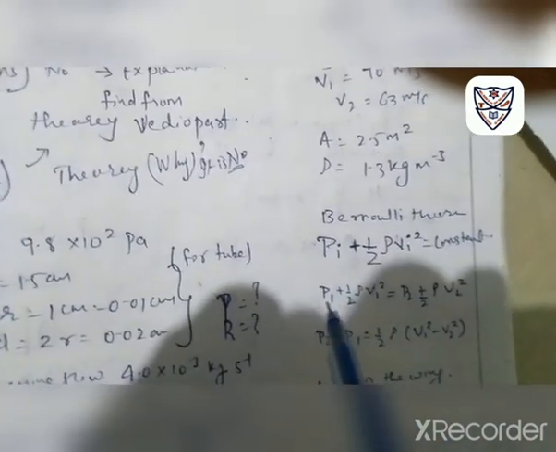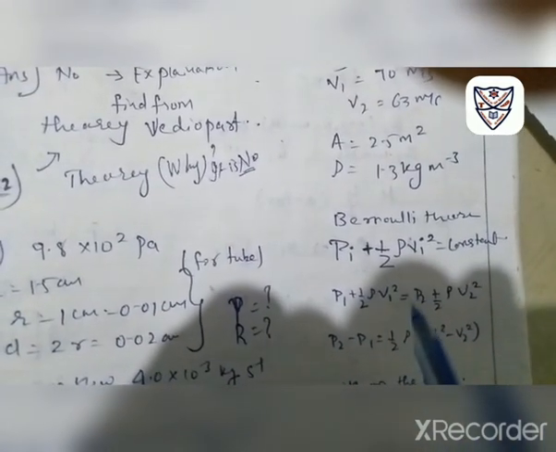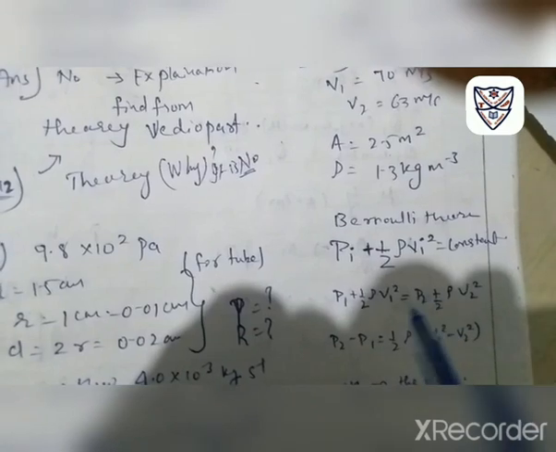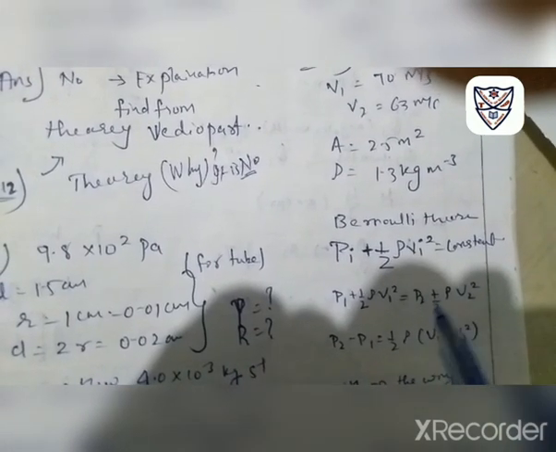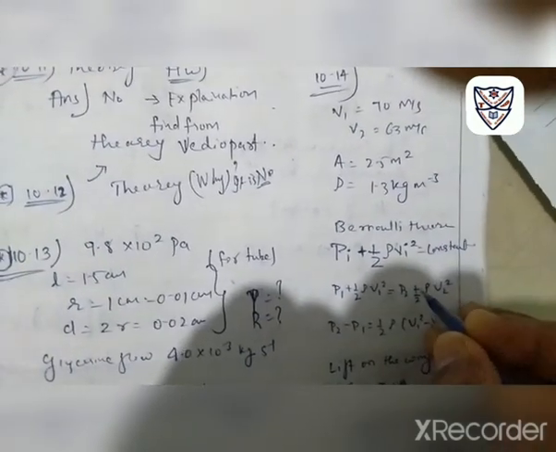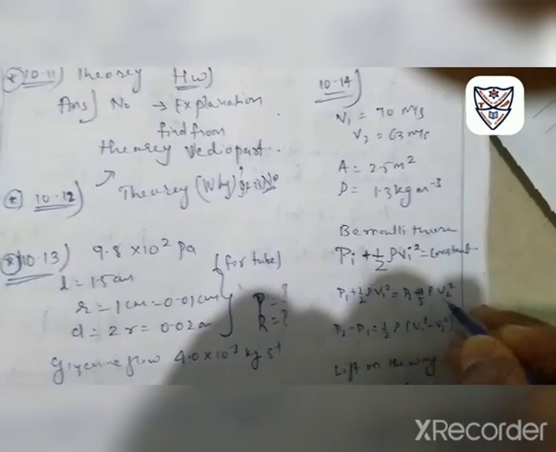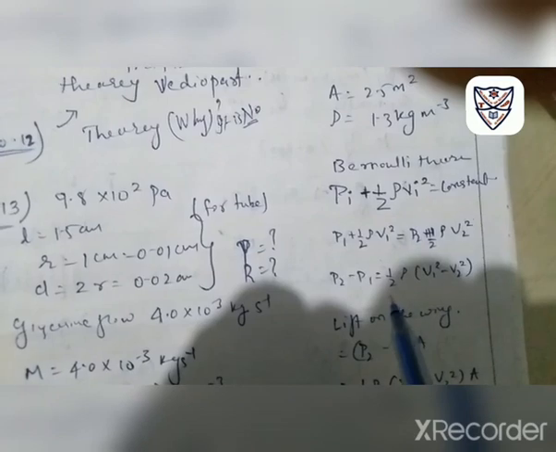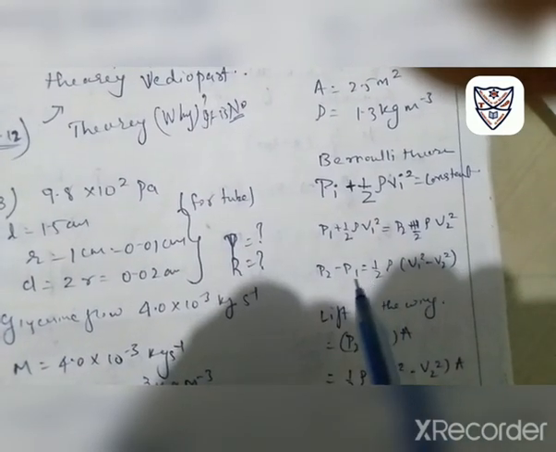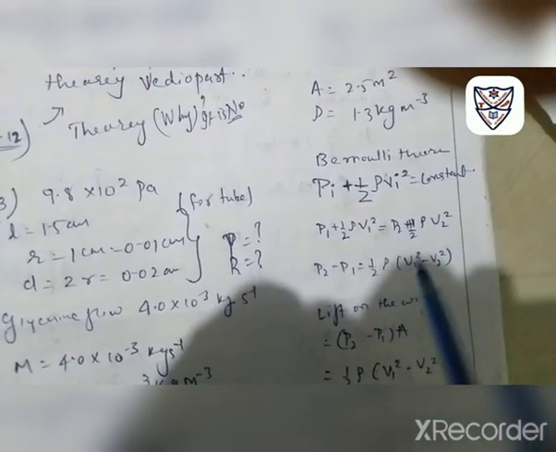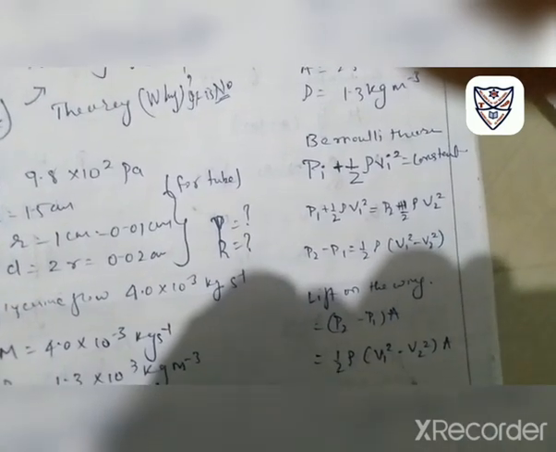So I can write P1 plus half rho V1 square is equal to P2 plus half rho V2 square. From this arrangement I will get P2 minus P1 is equal to half rho times V1 square minus V2 square.